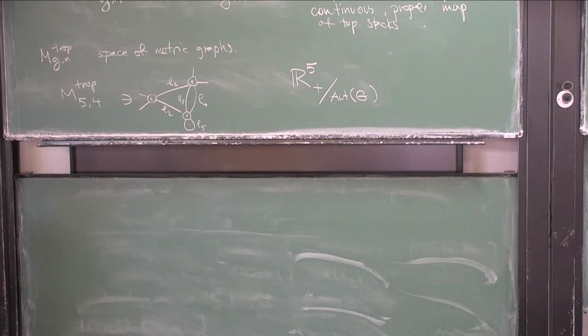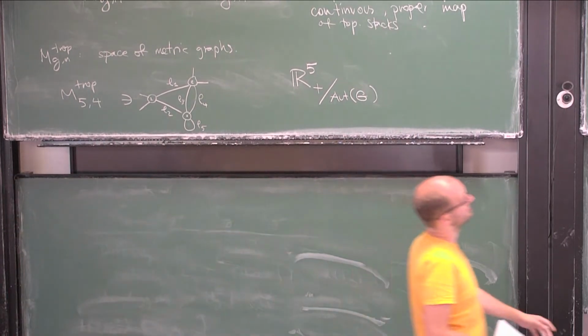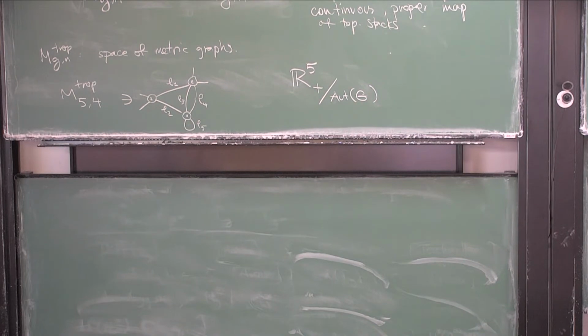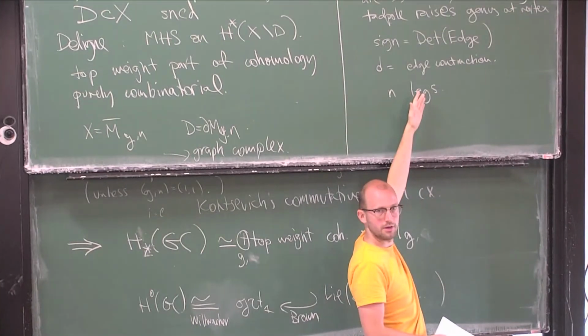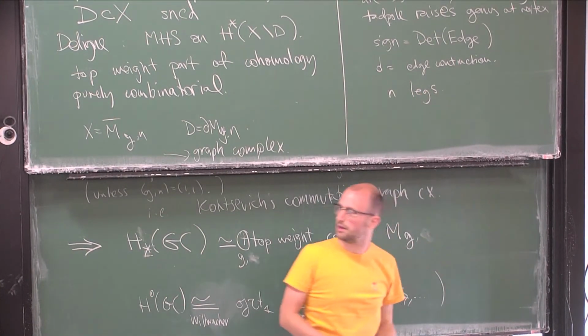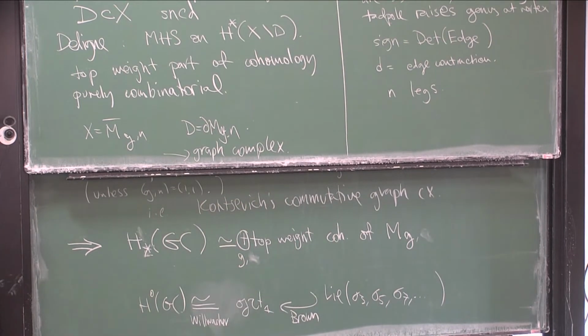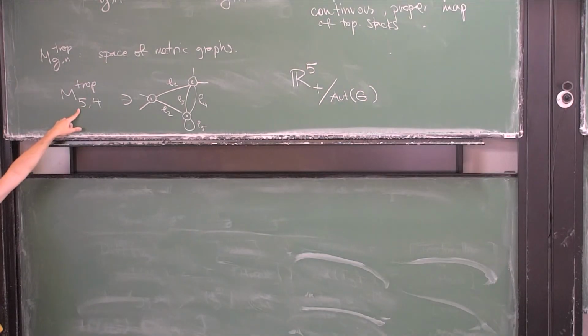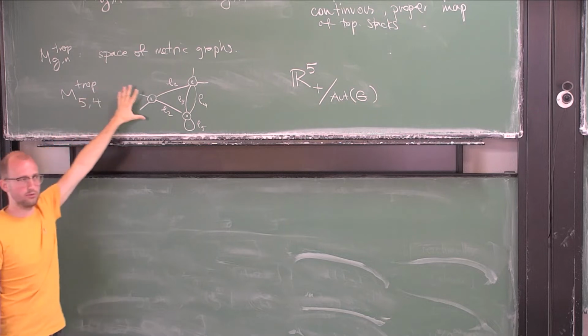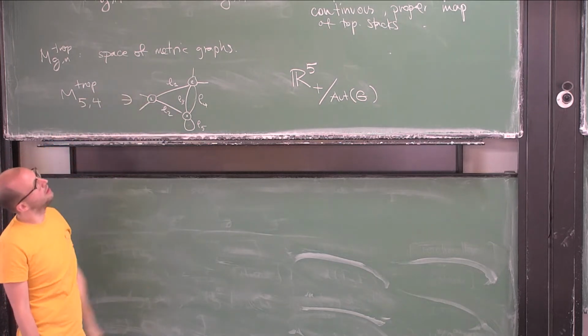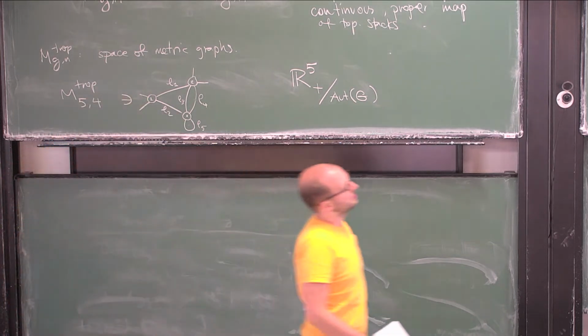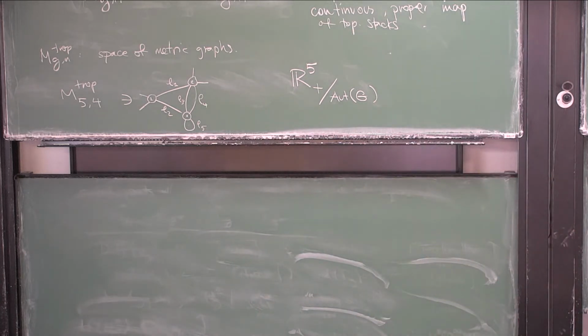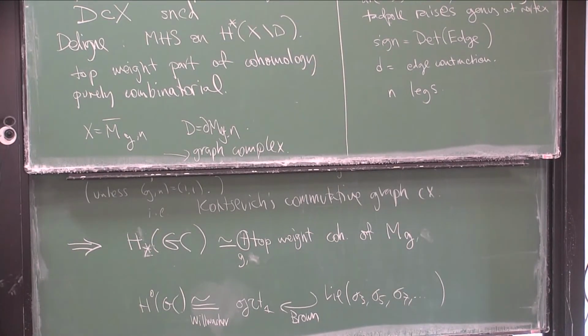So the combinatorics of this cell complex exactly models the combinatorics of this graph complex. And if I compute the compact support cohomology of this space, I can compute that using cellular chains, and then I have a copy of Q for each cell. And I get exactly on the nose this graph complex as the cellular chains with compact support of this M_{g,n}^trop.